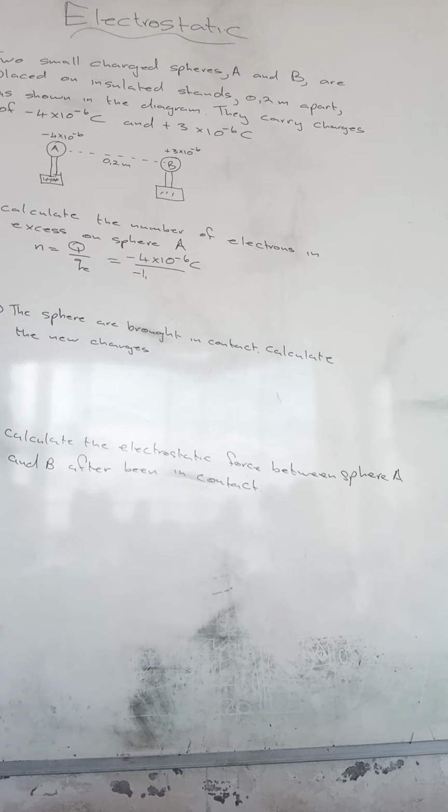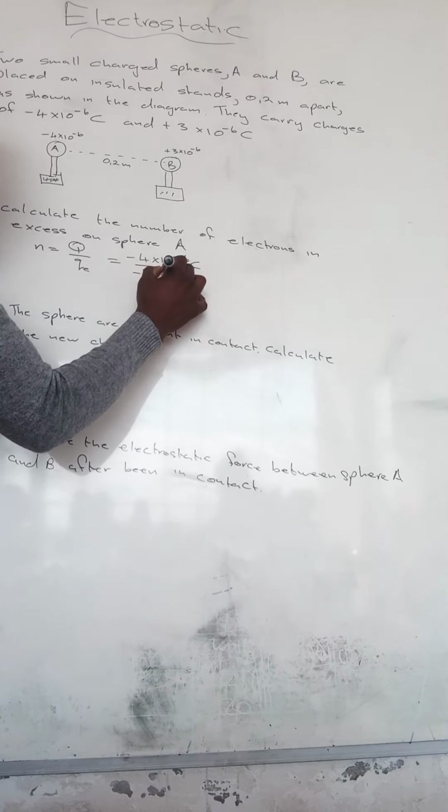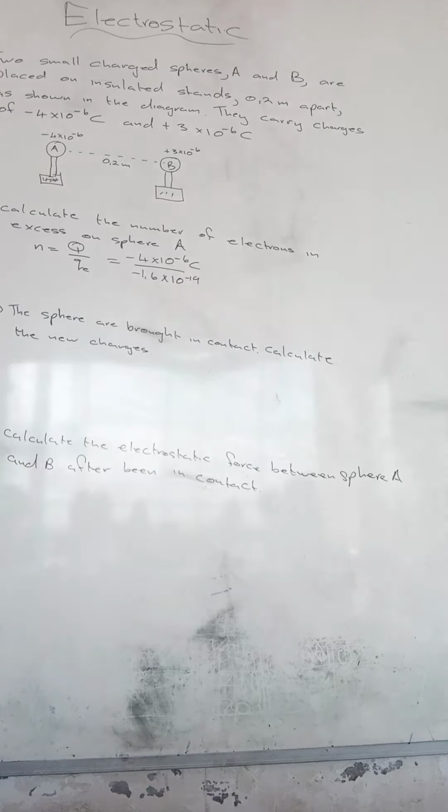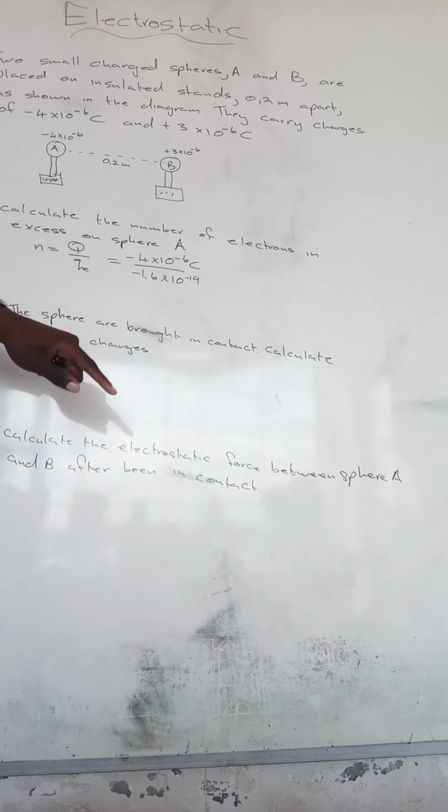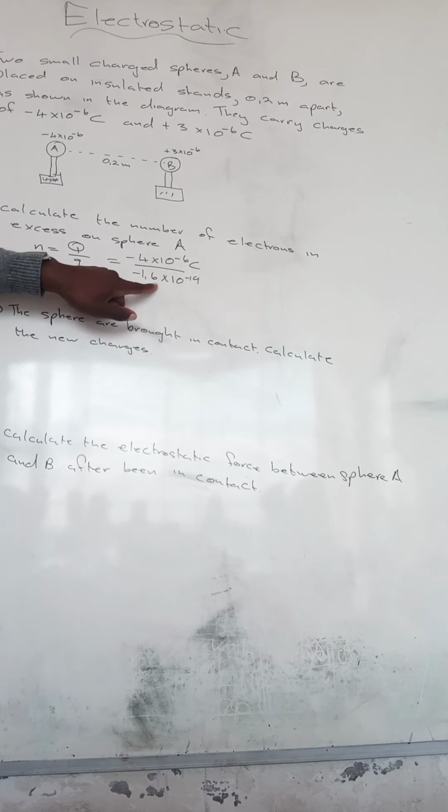Negative 1,6 times 10 to the negative 19. That is what is given on the formula sheet, the small e, negative 1,6 times 10 to the negative 19.